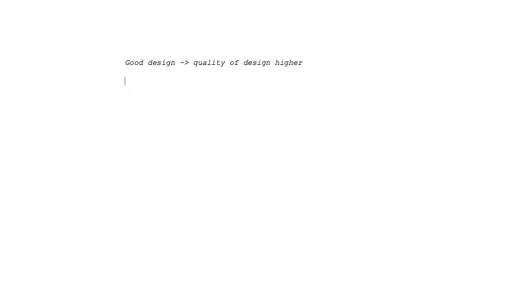To measure the quality of the design, we have four quality factors. The first one is understandability. The second factor, adaptability.